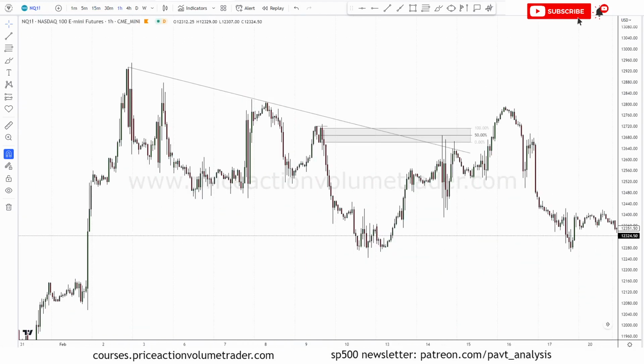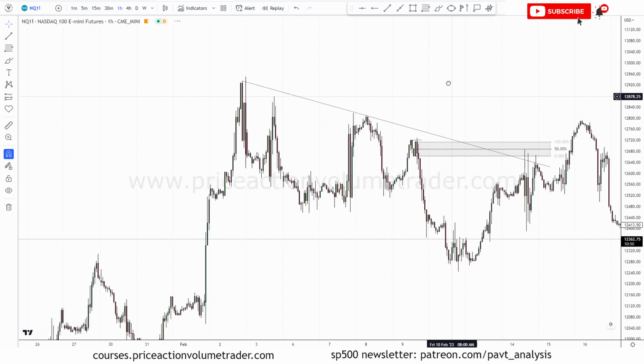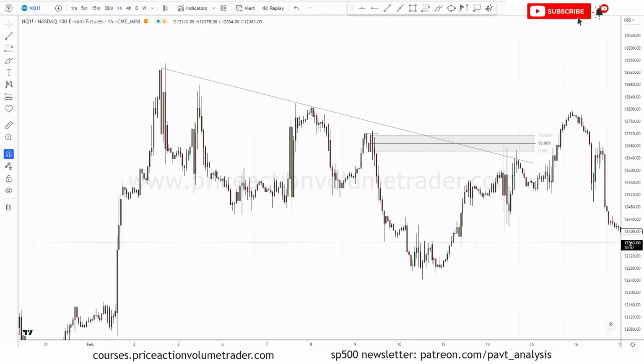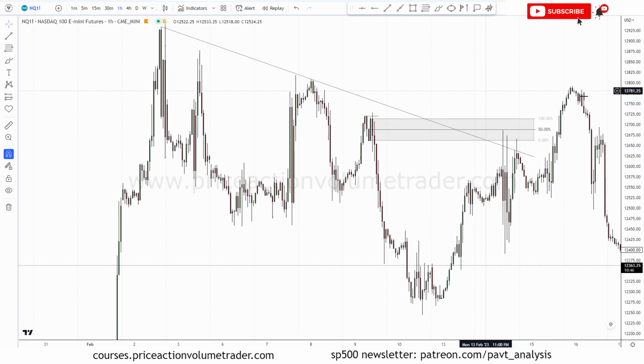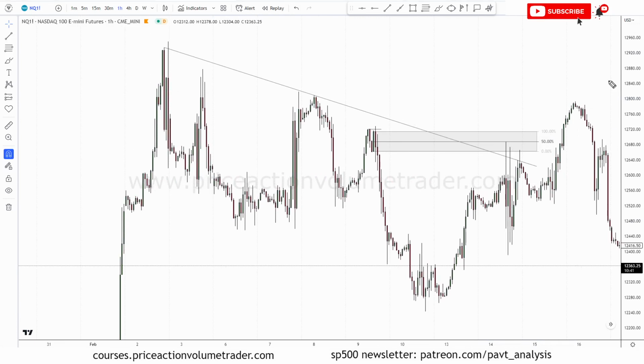Okay, then let's go into NQ, the NASDAQ, on the 1-hour chart. And here, again, we have an order block right here. I believe this was an event-driven move because, again, look at how impulsive this is.